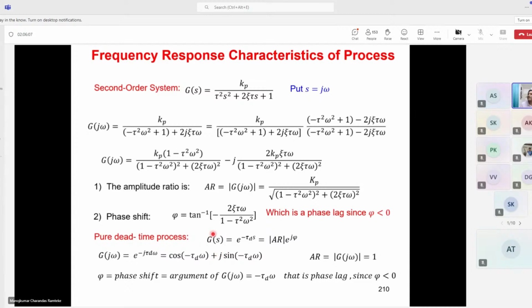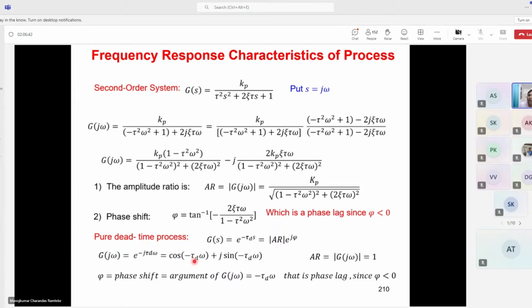In fact, half of the answer, remember I said in the starting of the class, why frequency response? Because it enables solving the feedback control system even with the dead time without approximating it. You don't require the approximation of the dead time when you are doing the frequency response. Even though the routh stability criteria or root locus can give you the stability of the control system, whenever there is an exponential term, whenever there is a dead time associated with the system, you have to simplify this dead time using a Pade approximation.